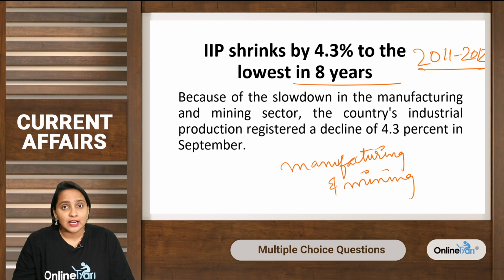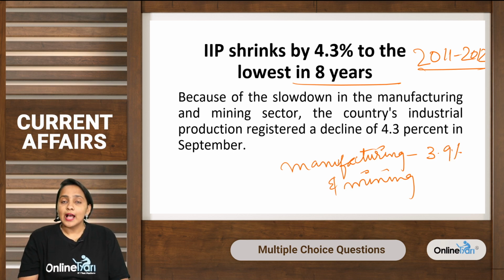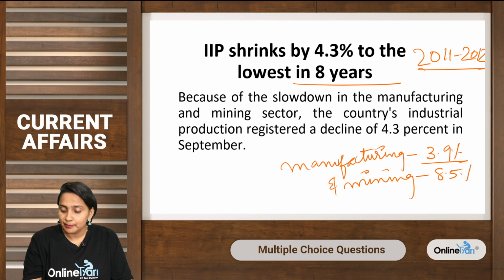But as per the data, the production of the manufacturing sector has registered a decline of 3.9% in the month of September. So in manufacturing, a 3.9% decrease has been calculated in the month of September, while mining recorded a decline of 8.5%. Similarly, a 2.6% decline in power generation was also recorded.